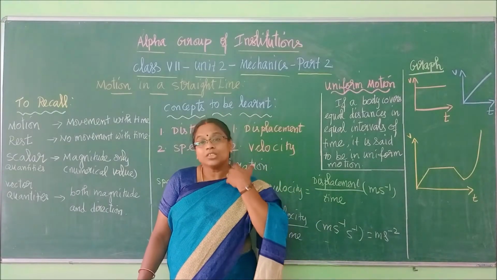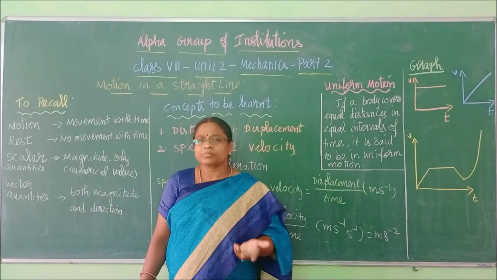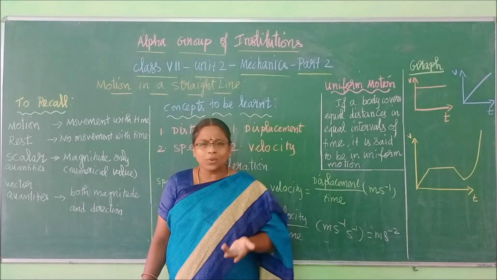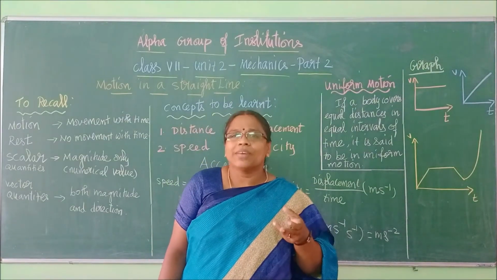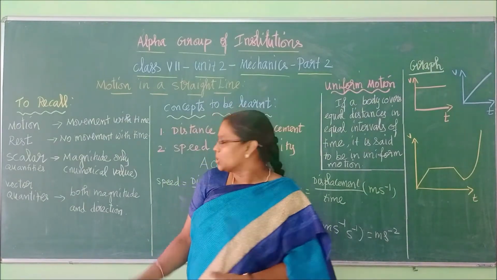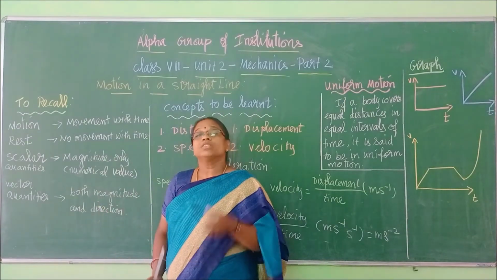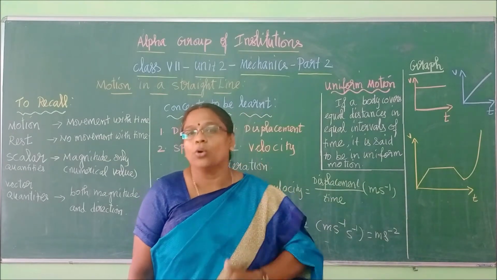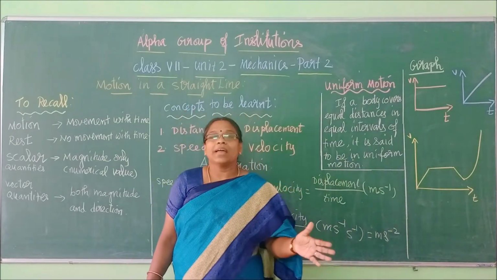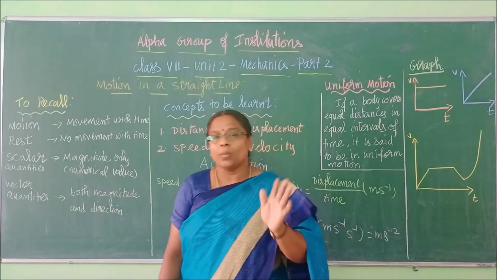Or else, what is your body temperature? Normal body temperature we would say, 97 degree Fahrenheit, like that we are giving. So that number is called as magnitude. For some quantities we can give number alone, magnitude alone. We cannot specify the direction. Such quantities are called as scalar quantities.